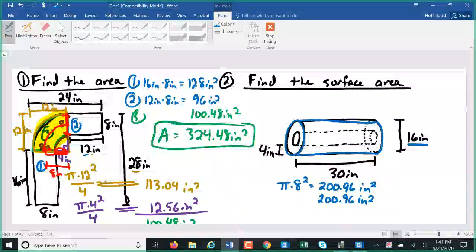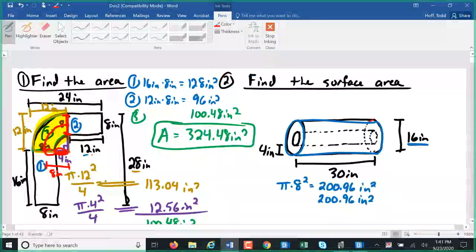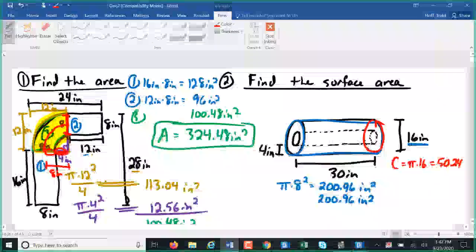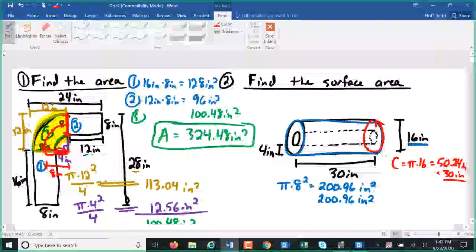The length is the circumference of that circular end. That'd be the circumference around this end here. Well, that circumference is pi times 16, which is 50.24 inches, times that 30-inch length or height, however you want to look at it.